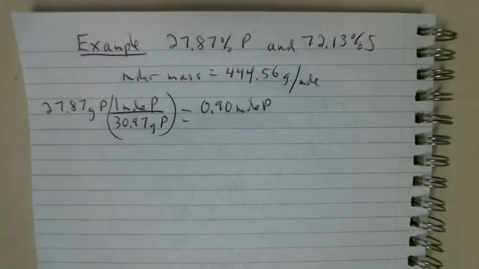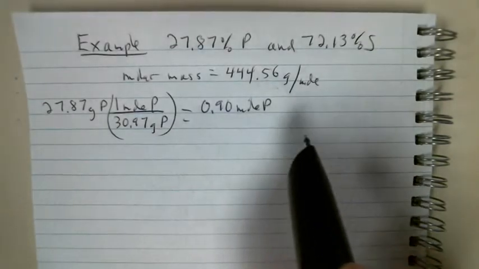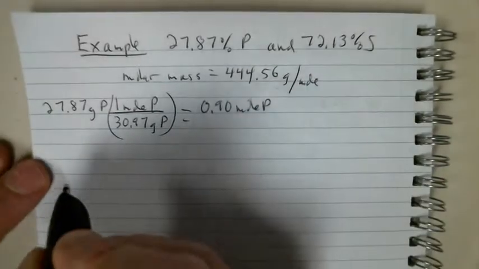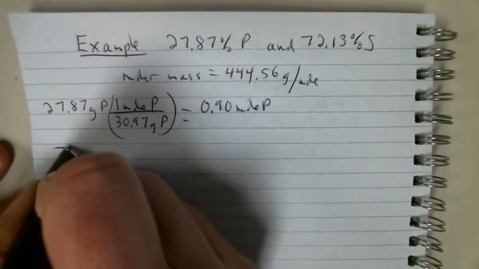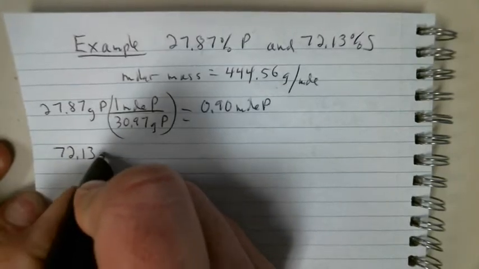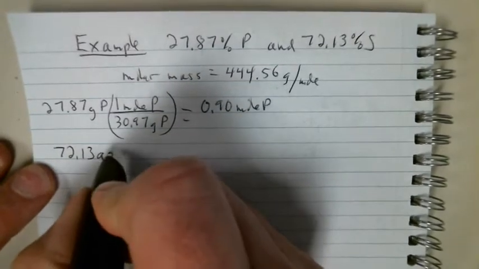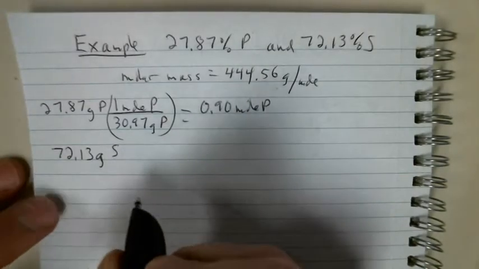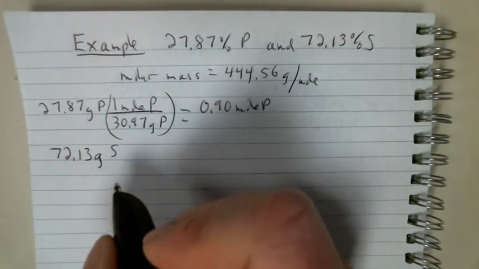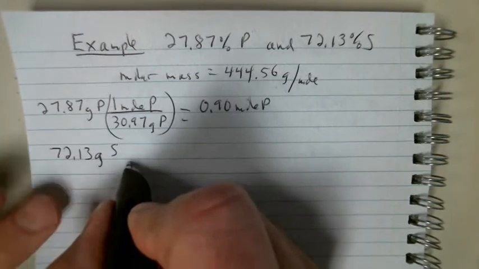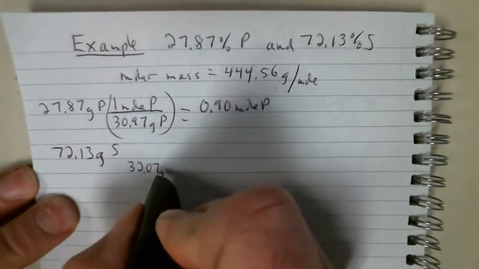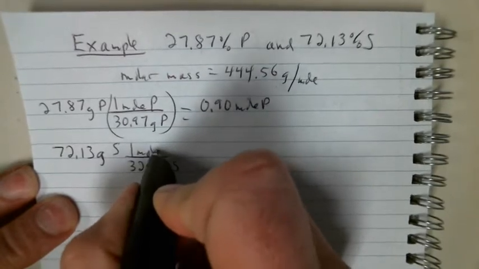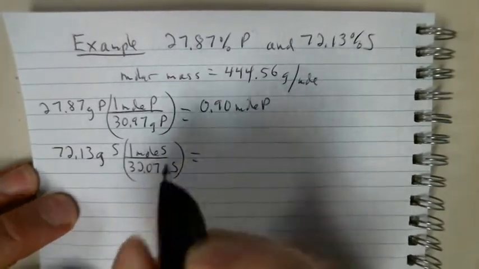Anyway, so you can round that up because it's so close to 0.90, right? And so let's do the sulfur as well. Sorry for that little diversion. So sulfur, what's sulfur's mass? 32.07. 32.07 grams of sulfur is 1 mole of sulfur.